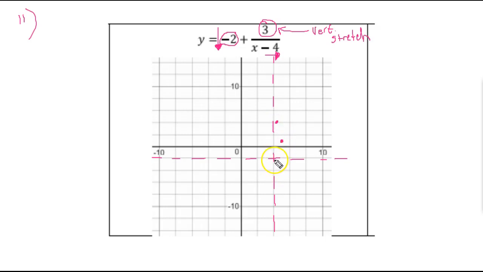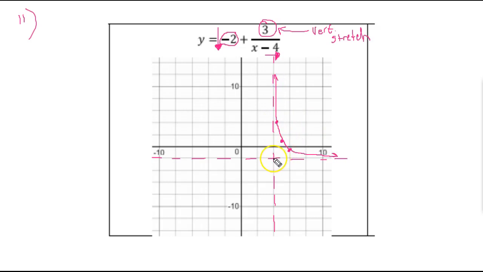All right. And instead of going over 2 and up 1/2, 1/2 times 3 is 3/2. So that's like 1 1/2. So over 2, up 1 1/2 is going to be about right there. And that's going to give me the 3 points I need to get my graph drawn in here.